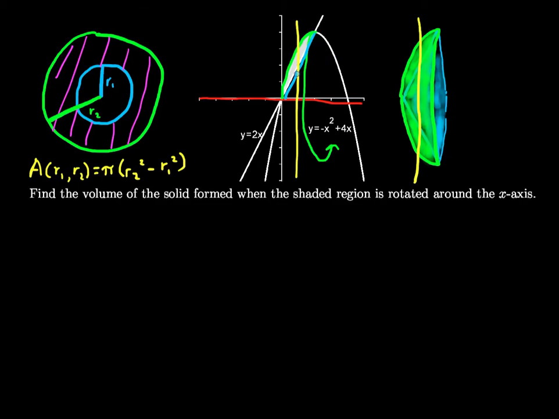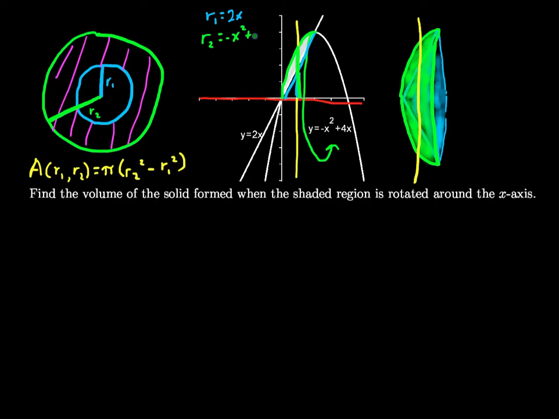Alright, let's look at this. For blue, R1 in this case is this line, 2x. So R1 is going to equal 2x for any x value. For any cut I can make through this at any x value, that's what R1 will be. My outside R, R2, will be based on this parabola, so R2 is equal to negative x squared plus 4x.